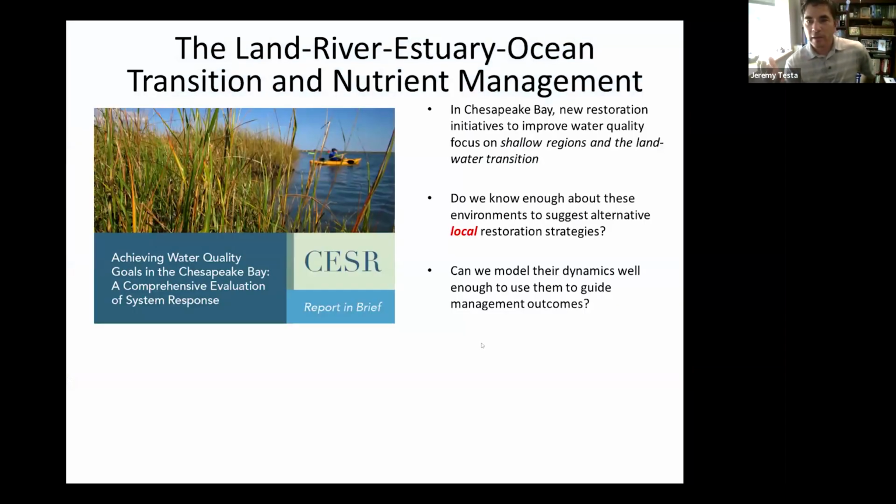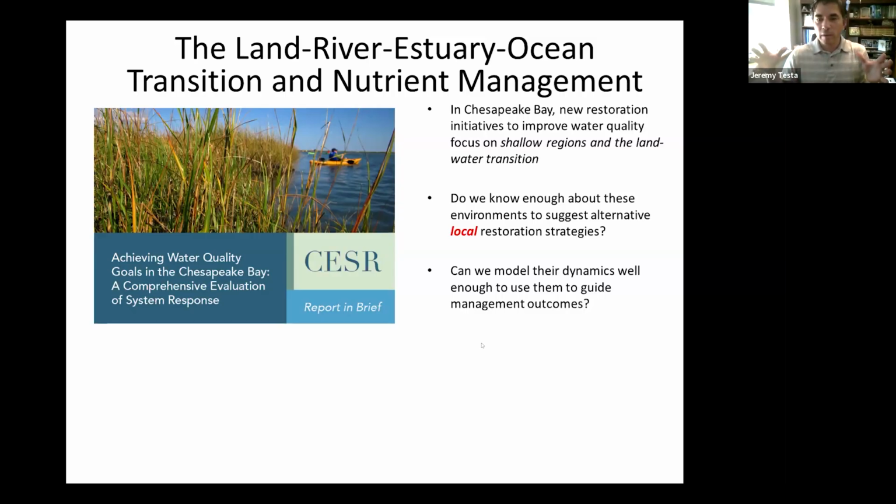Another example, getting down to an even more local scale, is in the Chesapeake Bay region, where I do a lot of my work. The thinking about restoration relative to reducing nutrients towards meeting water quality goals in that estuary has gone on a path towards thinking at the smaller scale, more locally.